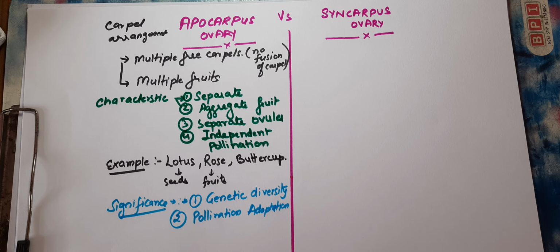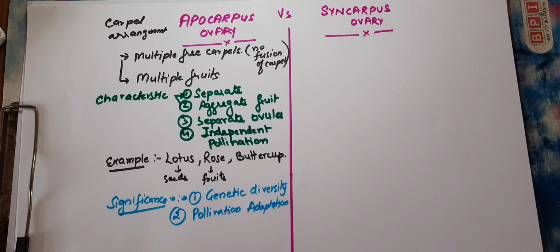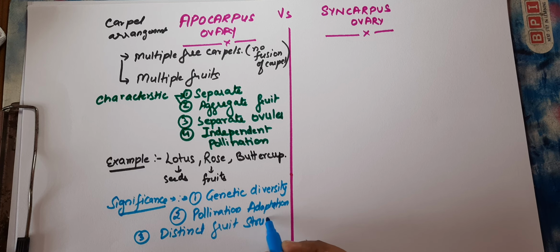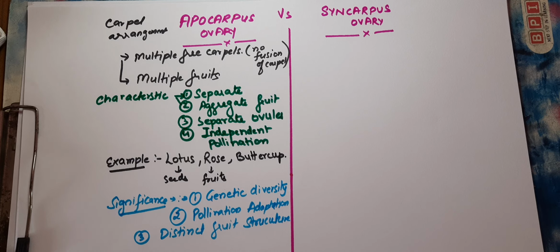There are some plants, students, that will benefit from multiple fertilization events, so this will lead to increased reproductive success. The third significance is in terms of distinct fruit structure. We already discussed that there will be aggregate fruit formation due to the presence of multiple carpels. So this is all about the apocarpous ovary.